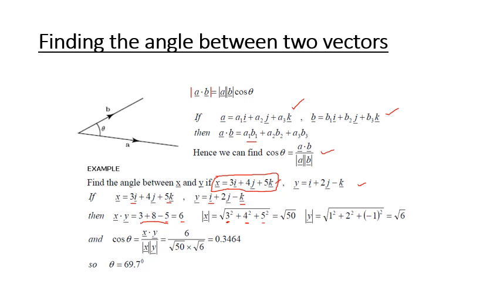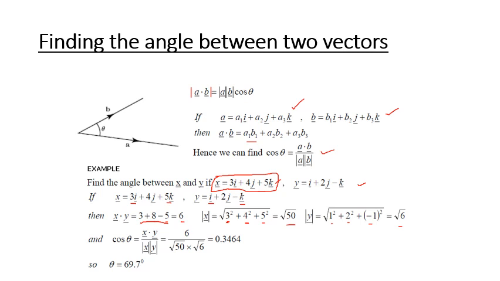Modulus of x means the square root of x squared plus y squared plus z squared. The answer is square root of 50. And what is modulus of y? In a similar way, the square root of 1 squared plus 2 squared plus minus 1 squared. The answer will be root 6.